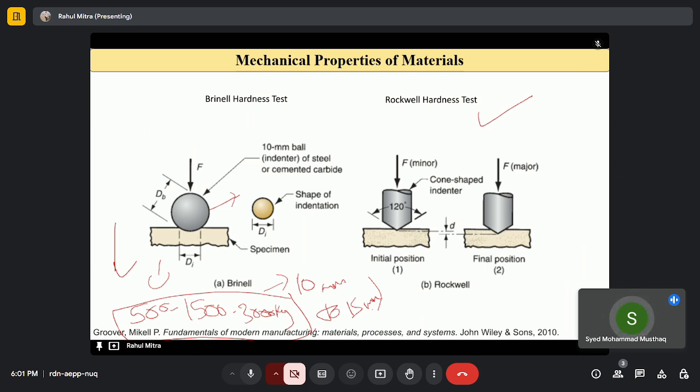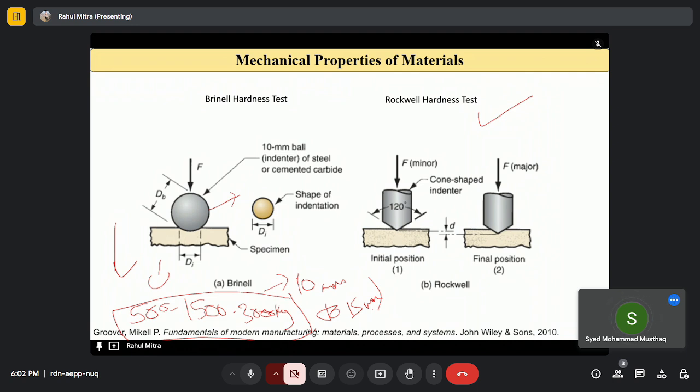So for seating, we apply a minor load, and we get a certain position of the indenter in the material. Then a major load of 150 kgs or another value is applied, causing the indenter to penetrate into the specimen a certain distance beyond its initial position. The additional penetration distance D is converted into the Rockwell hardness reading, right?